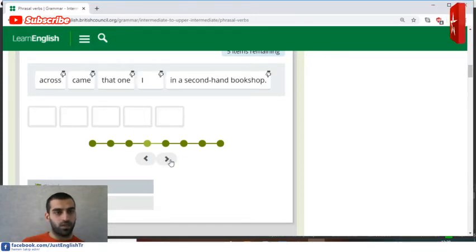All right. Let's continue with the next one. Across came that one I and in a second-hand bookshop. So here we have to be careful with using phrasal verbs correctly. This one is for pre-intermediate students.